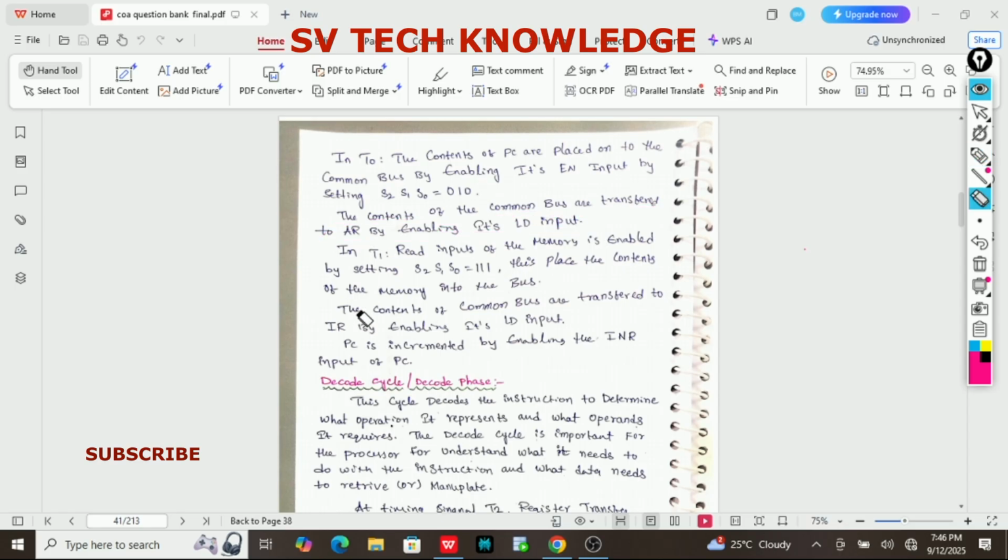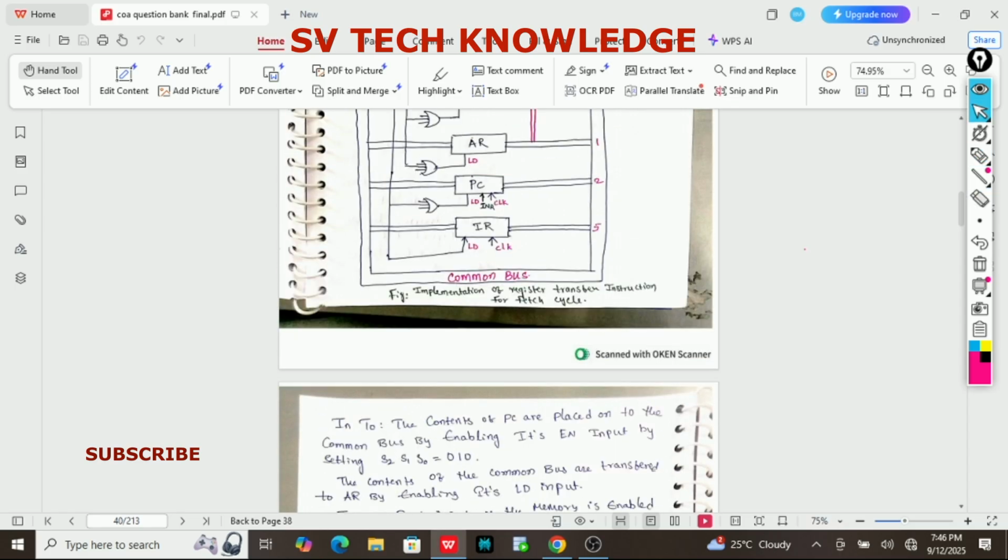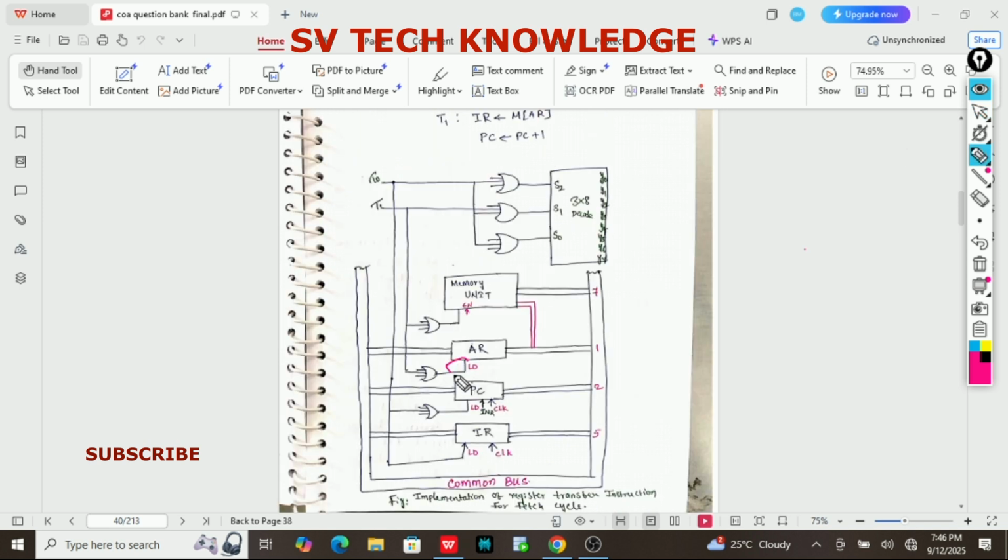If you go to that block diagram, whenever the LD input is enabled, it is ready to take the data from PC. What I said: at time T0, I have to send the data from PC to AR.